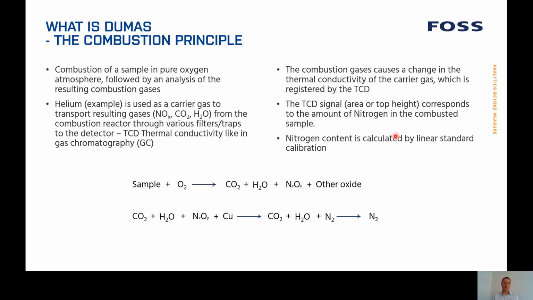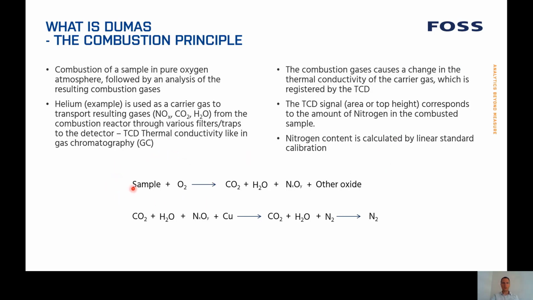Those are primarily water, CO2, and different kinds of NOx gases. They will be filtered through various filters and traps, and finally go to a thermal conductivity detector and be measured. So you have a signal.